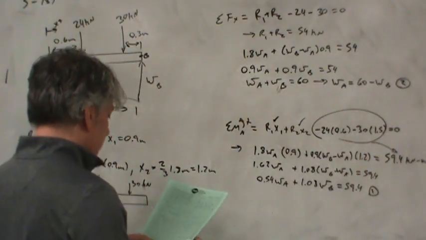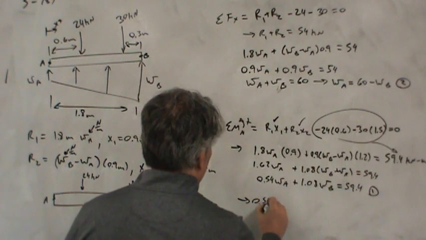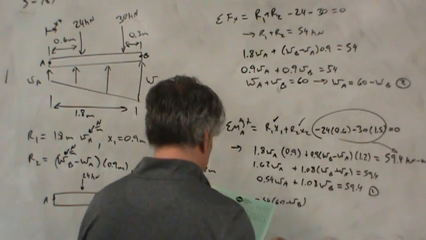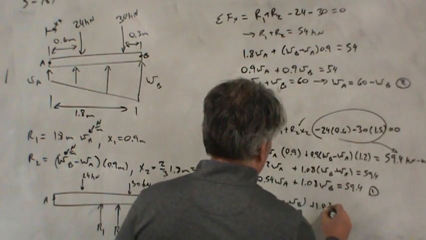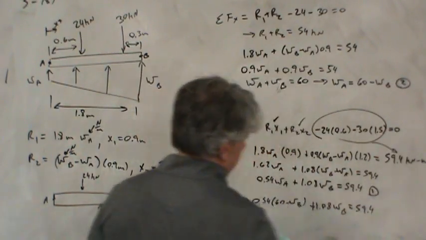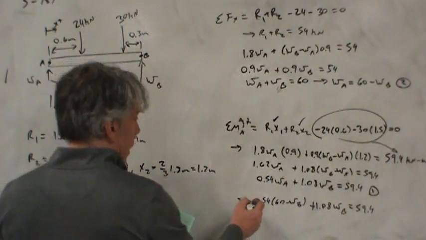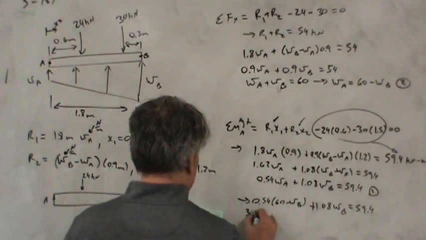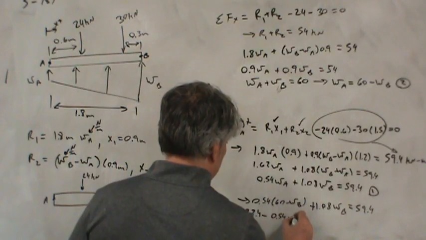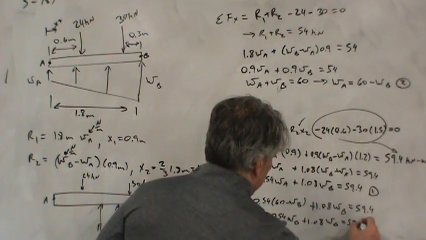And we could substitute into this equation. So 0.54 WA, but WA is 60 minus WB, plus 1.08 WB equals 59.4. 0.54 of 60 is 32.4 minus 0.54 WB plus 1.08 WB equals 59.4.